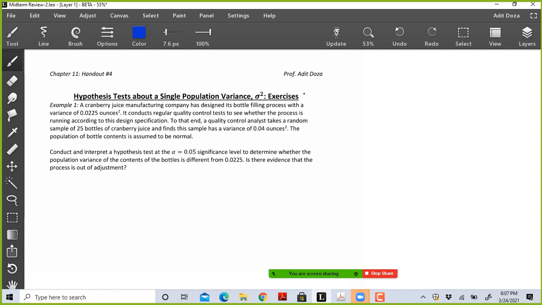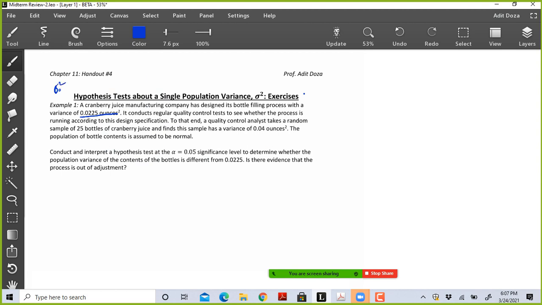A cranberry juice manufacturing company has designed its bottle filling process with a variance of 0.0225. So this is the variance, right? What do we denote the variance by? Sigma square.